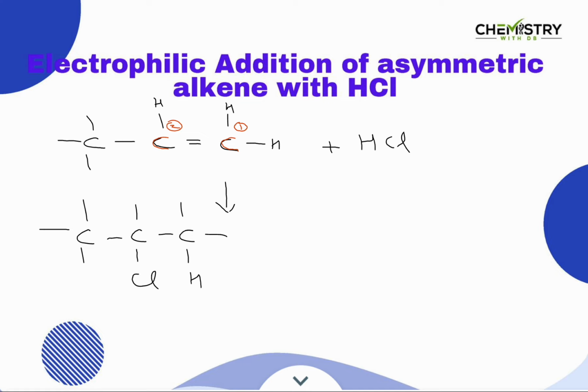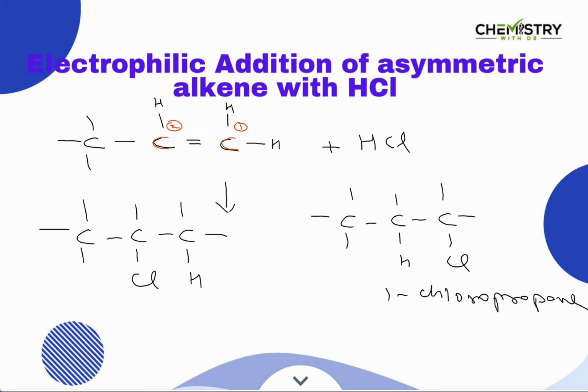And in case this hydrogen had gone with the number 2 carbon, then the product would have been 1-chloropropane, and the other is 2-chloropropane.